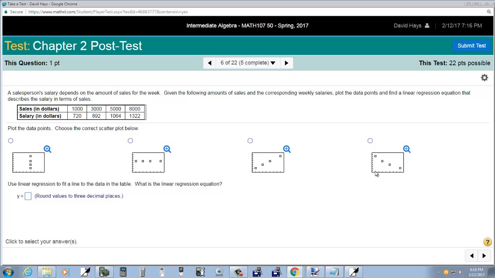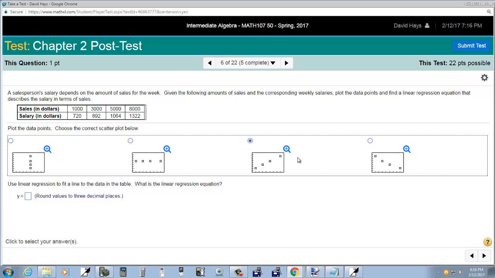In this one, straight across means all the y values would be the same, and this one means all the x values would be the same. X is my sales, Y is my salary. Now it looks like they're increasing: 720, 892, 1064, 1322. So without even really looking at it, it has to be this one. It's the only graph where they're increasing, except for the one where the x values are always the same.